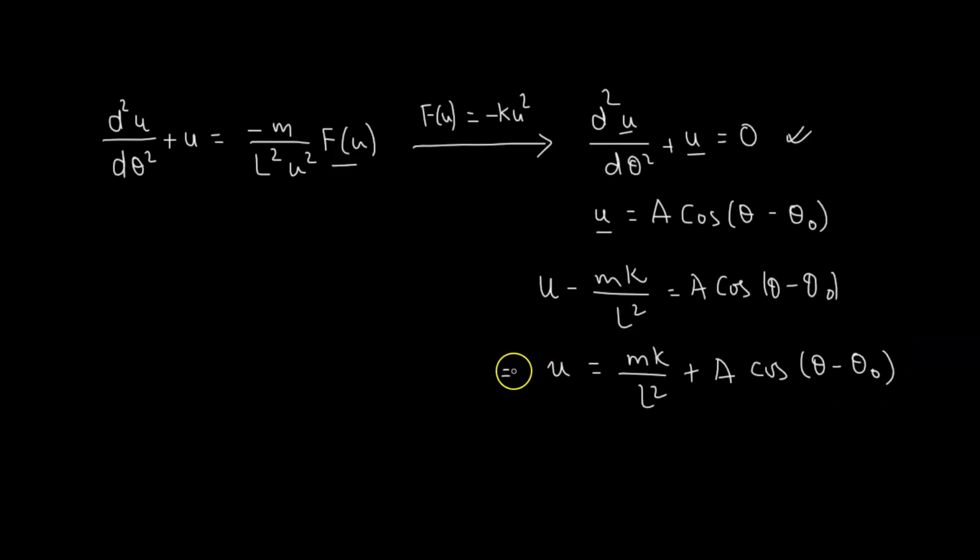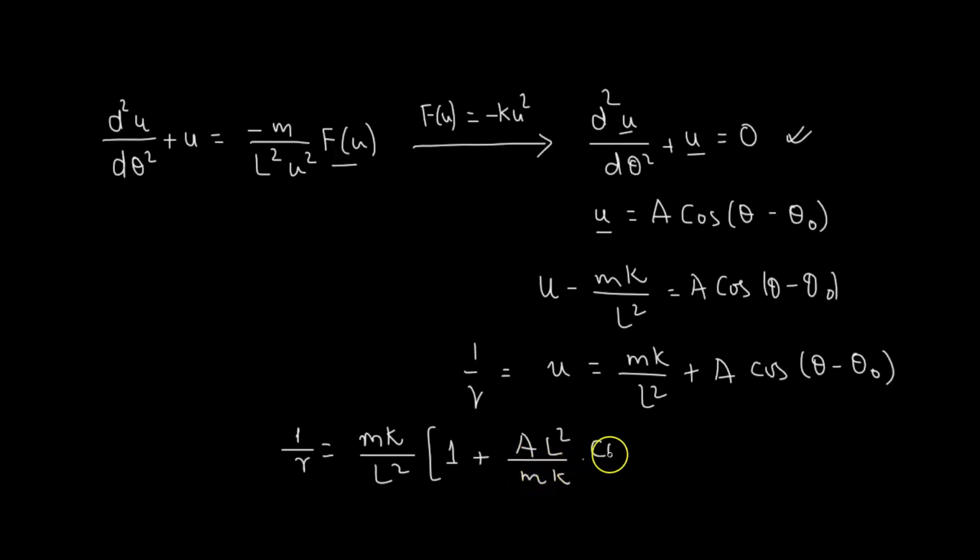Now since u is equal to 1 over r, we have 1 over r equals, now we'll take mk over L squared as the common factor. So I have mk divided by L squared times 1 plus A L squared divided by mk times cosine of theta minus theta naught.